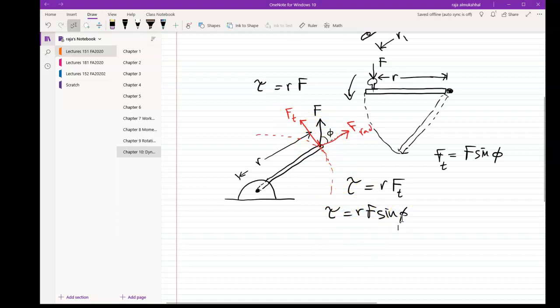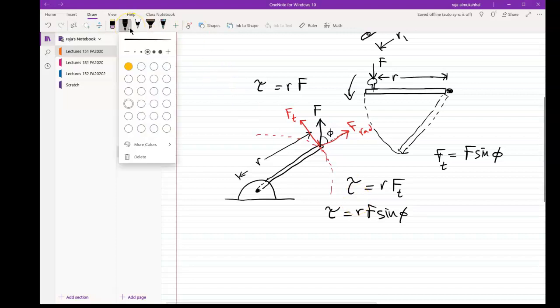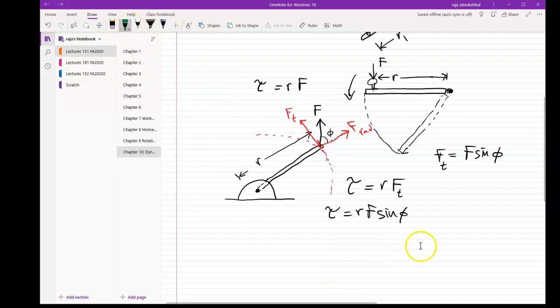Okay, all right, good. Now, one more thing. Suppose that you don't know the angle phi, but you know the angle here. Let's call it theta. In this case, F sub t is equal to F cosine theta.